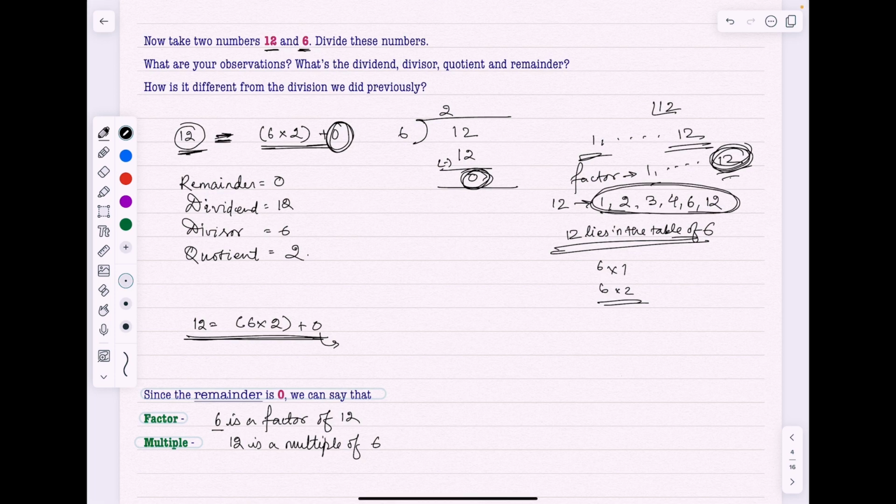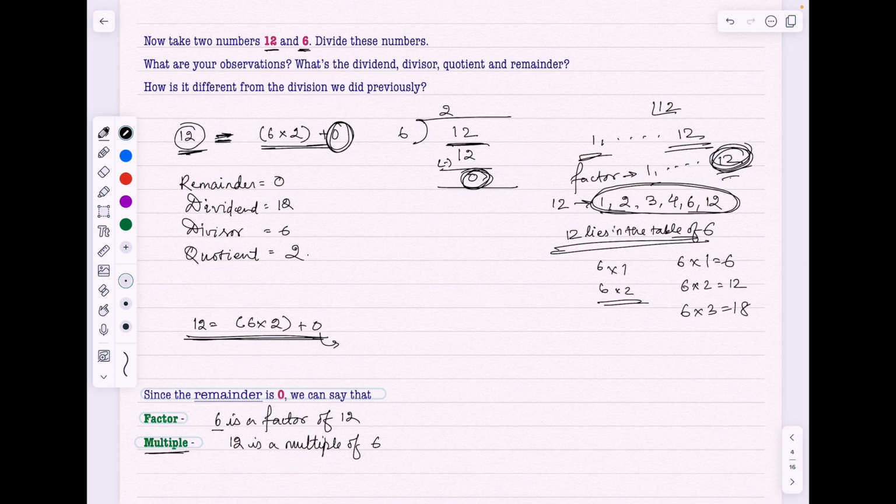When the remainder becomes 0, that means the dividend is a multiple of the divisor. What does multiple mean? Multiple means 6 into 1 is 6, 6 into 2 is 12, 6 into 3 is 18.